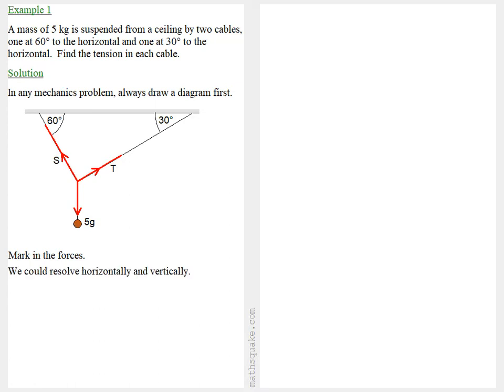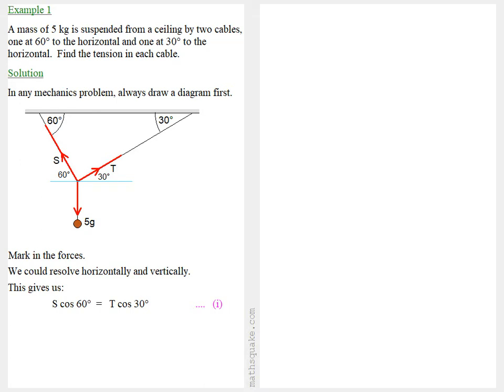Now, one way to tackle this problem would be to resolve horizontally and vertically. This gives us angles between S, T and the horizontal of 60 degrees and 30 degrees. So, S cosine 60 equals T cosine 30. When we resolve, it's always the force times the cosine of the angle between the force and the direction we want.